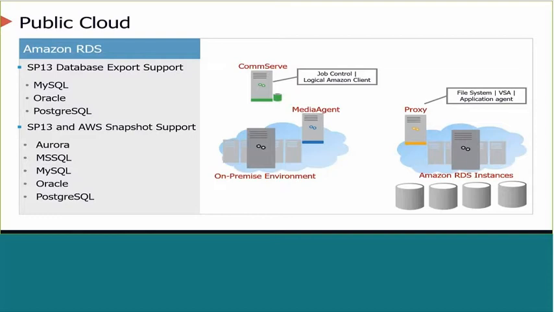Either a built-in sort of dump or export. So that's one mechanism. So for the database types that support that, we can integrate with that, coordinate the process, collect the job statistics, and also report on that information. Same thing with IntelliSnap support through AWS.